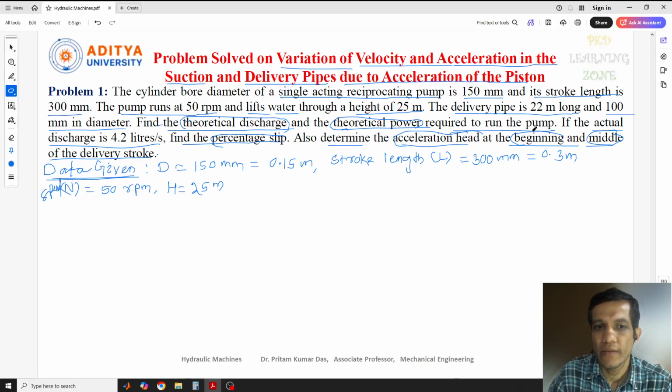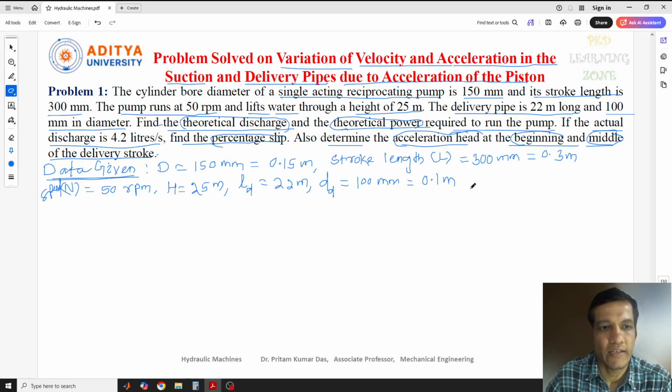Then the length of the delivery pipe is given. We take a small l with subscript d, which is 22 meter, and the diameter of the delivery pipe is also given, small d with subscript d, which is 100 millimeter, and we can write this as 0.1 meter.